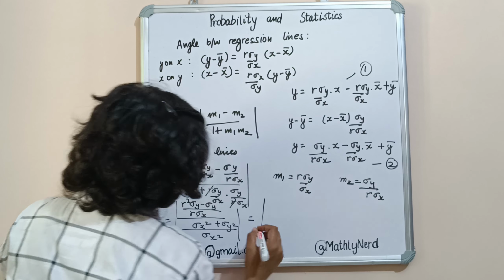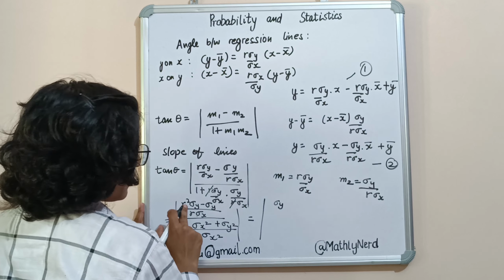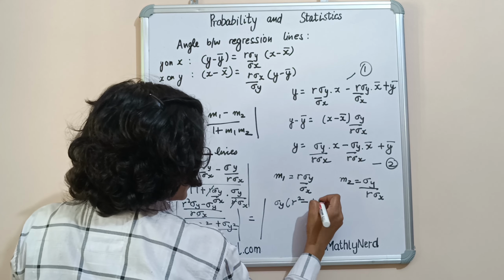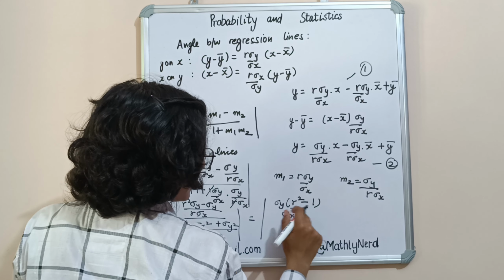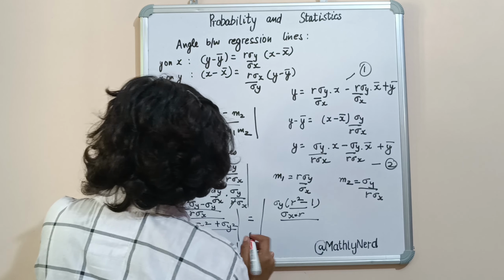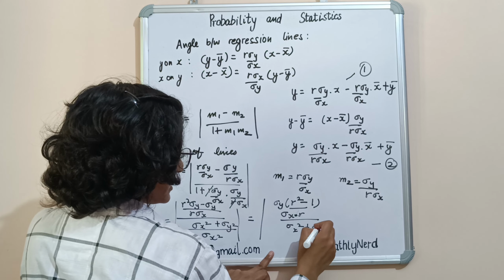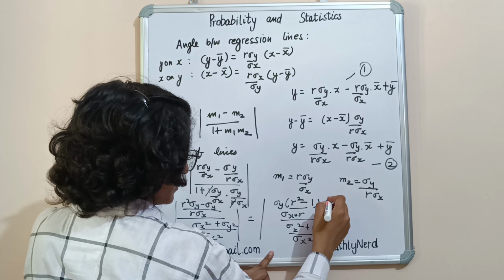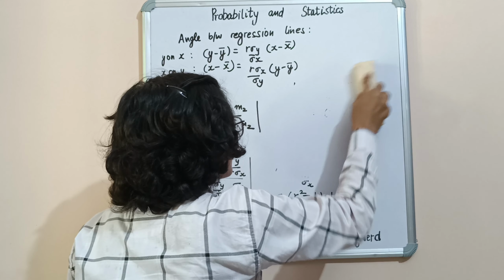If we solve this, we can take sigma y common from this numerator, so this will be r square minus 1 by sigma x times r, over sigma x square plus sigma y square by sigma x square. Now we will solve this part further.